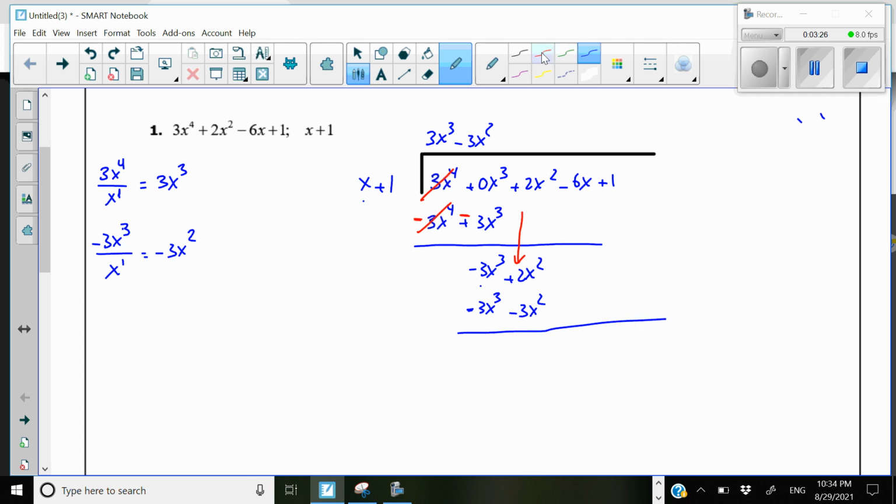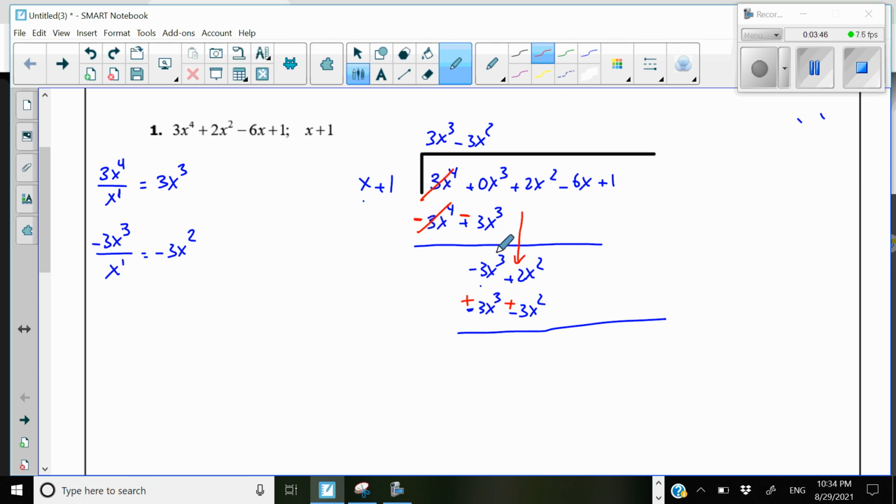Next, I need to subtract the top and the bottom. If I subtract it, both of the terms will change their signs because of the same thing that I explained here. The terms will change the sign, and now I'm going to combine the like terms.